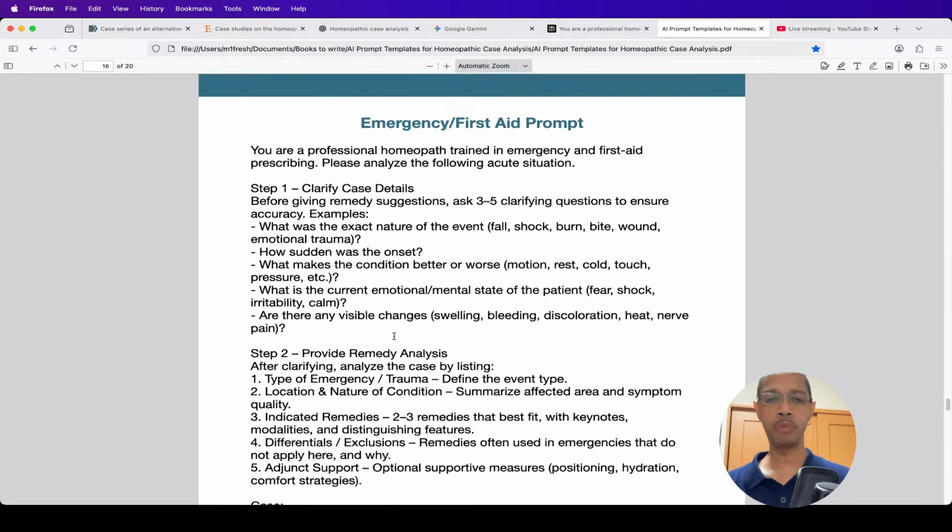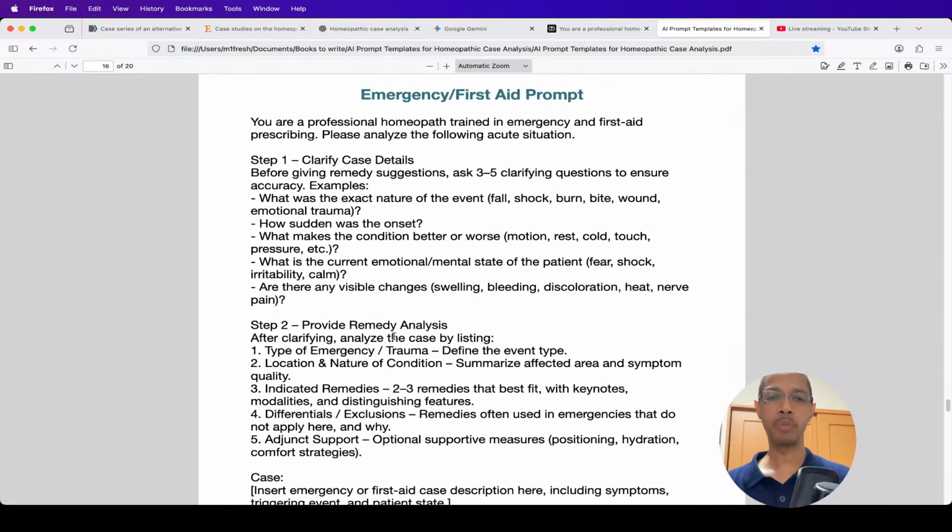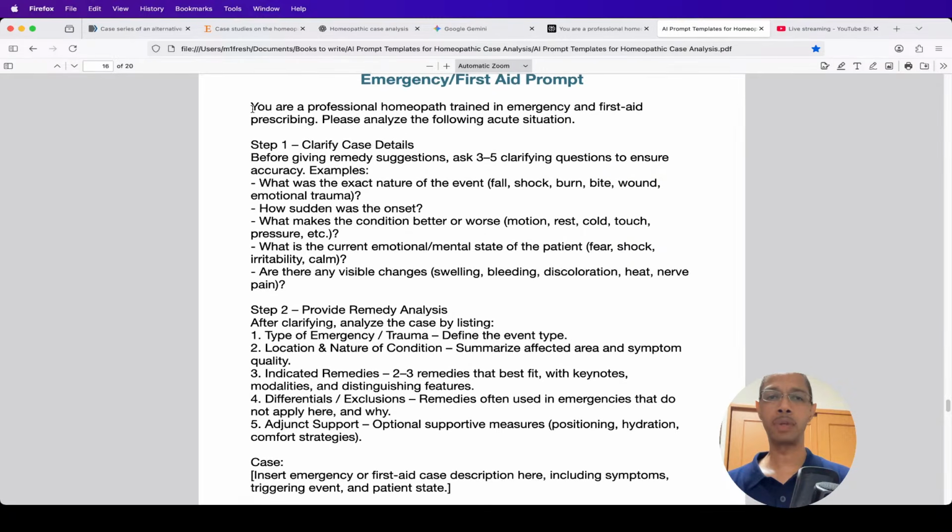In the emergency prompt, again, here we have the role. You're a professional homeopath trained in emergency and first aid prescribing. Please analyze the following acute case. Clarify the details before giving remedy suggestions. I may go with the acute since we're using an example case from the case studies, because this one asks for 3 to 5 clarifying questions first.